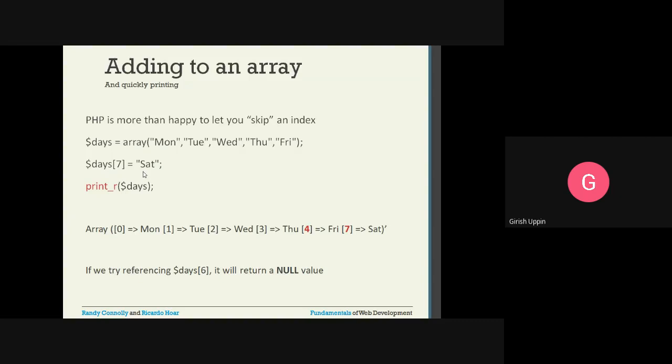But the problem is when you are iterating the array in PHP, you have to make sure there is some content. Otherwise, if you try to access it without content, it will give you an error. So the array will be created like this: 0 is mapped to Monday, 1 to Tuesday, 2 to Wednesday, 3 to Thursday, 4 to Friday, and 7 to Saturday.